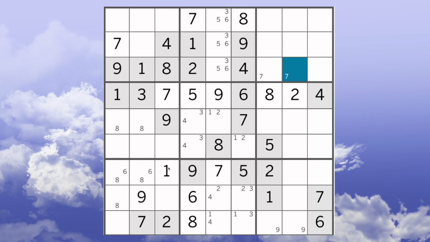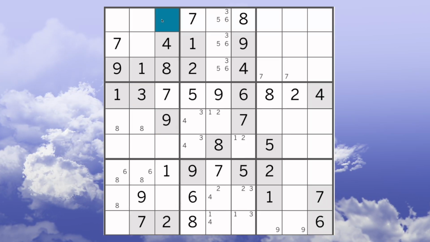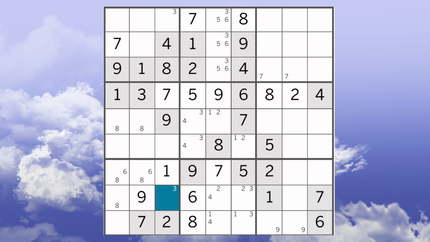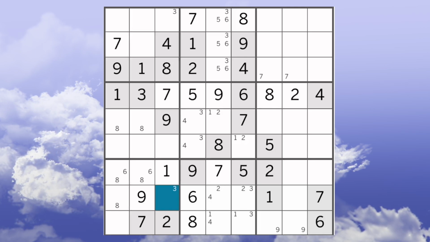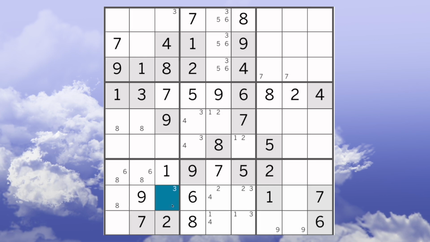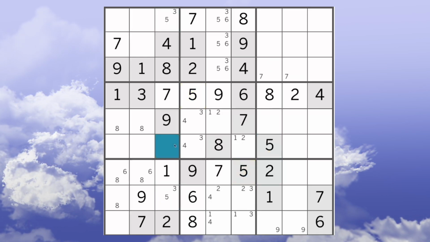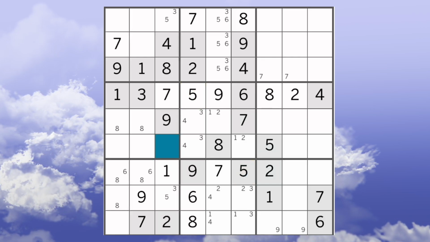needs a 3. That one can't be a 3 because of that. So the 3 is going to be one of those two. We need a 5. So the 5 has to be in the top or the bottom because of that one.